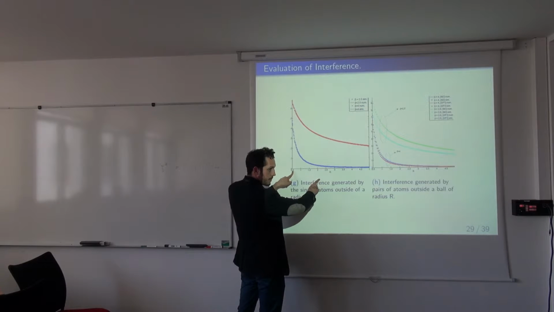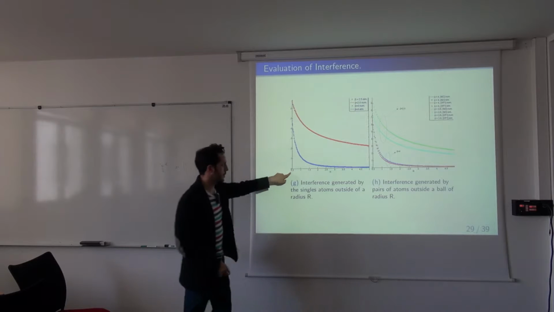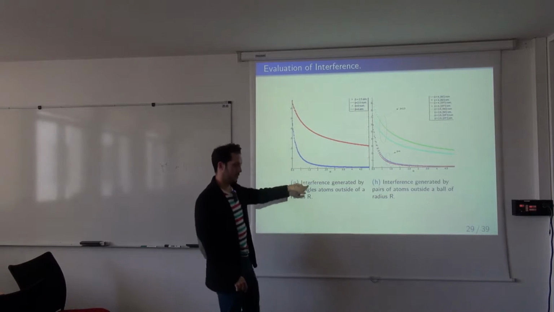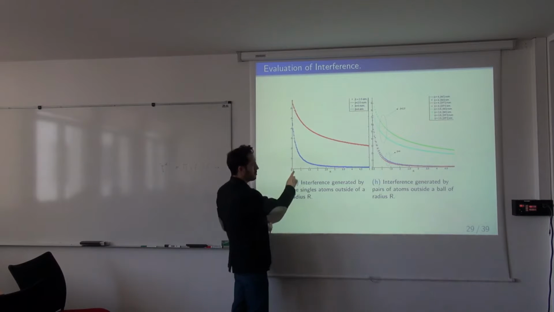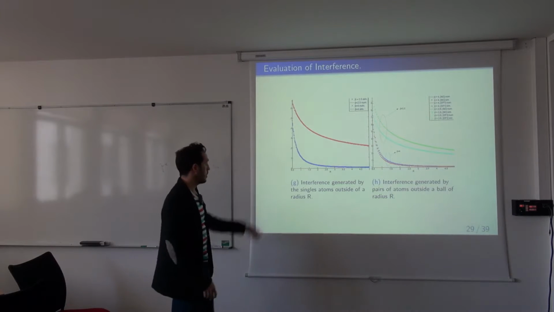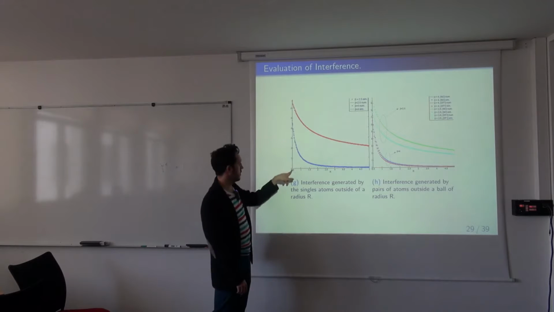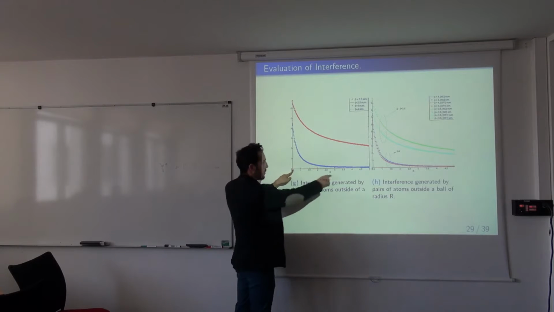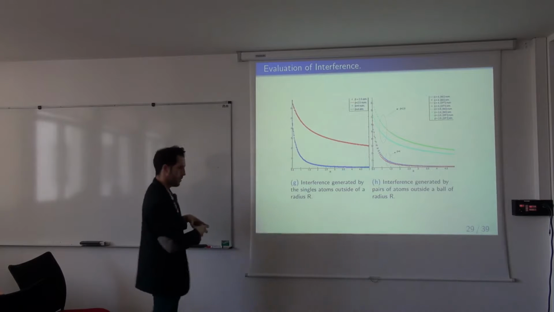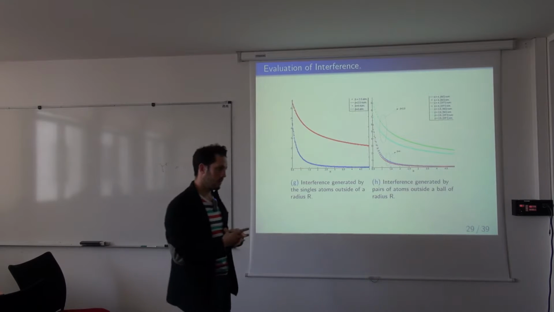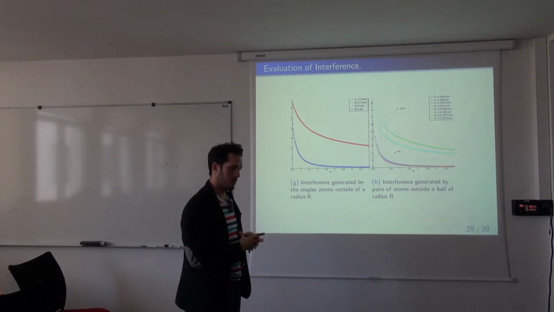Is it interference or signal to interference? Interference. And 0.5 is close to the base station? When it's close to the base station, the interference is infinite. No, I mean, this is the distance from the typical user to the base station. So the typical user has a serving base station and everybody else. We don't consider the serving base station.